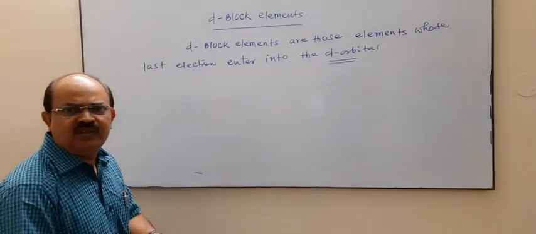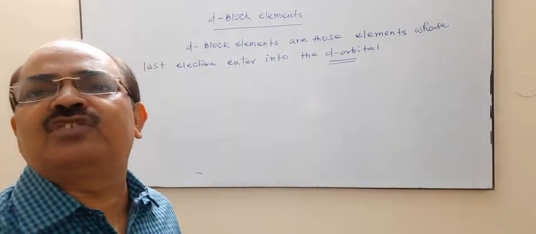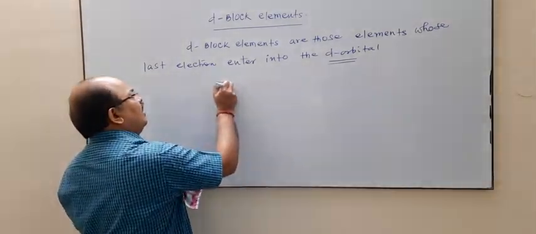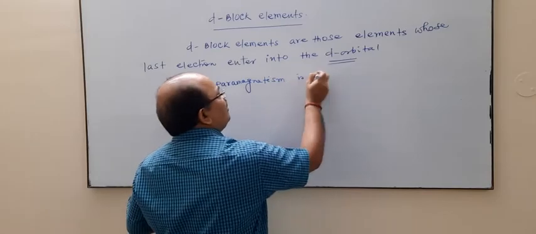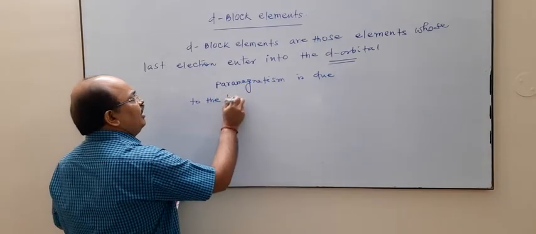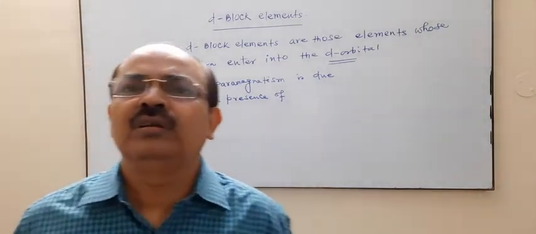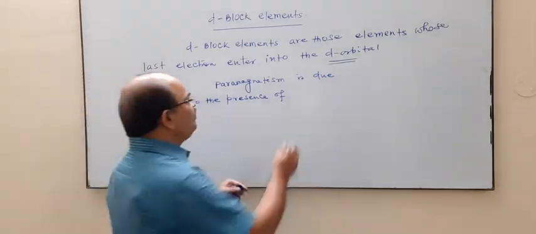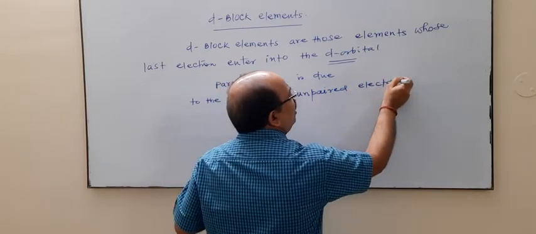The answer is, you write, paramagnetism is due to the presence of unpaired electrons.